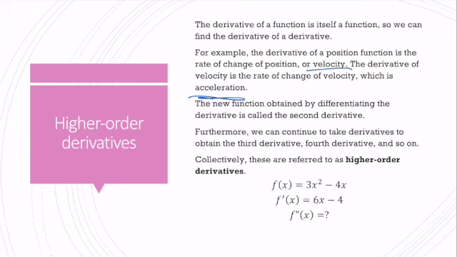This new function obtained by taking the derivative of a derivative is called the second derivative, right? And we can continue to take derivatives until we run out of steps we can do, which I'll show more of when we go over derivative rules. But like, we can go ahead, and I'm going to let you know that this is just 6, right? So we can find higher order derivatives.